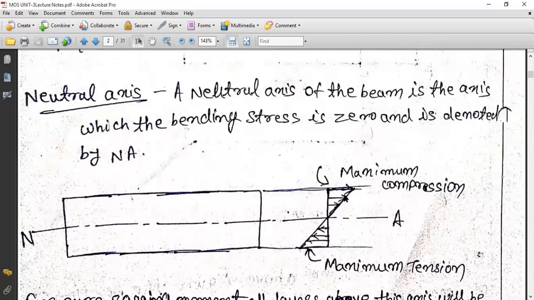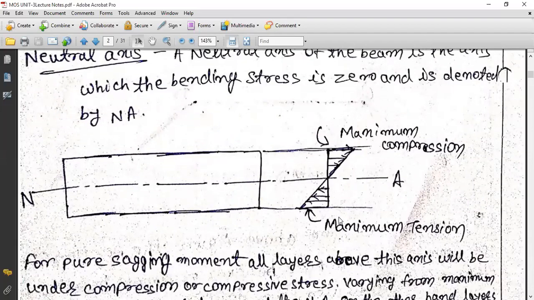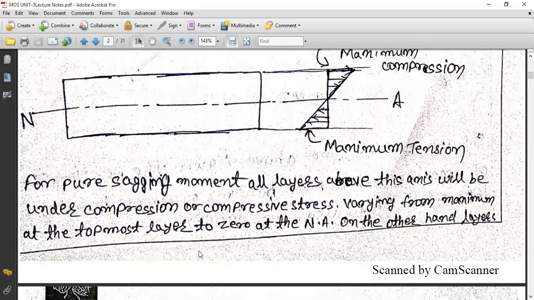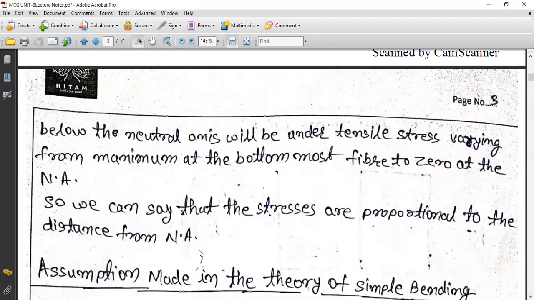At this point it is zero. At the neutral axis everything is zero, load, compression and tension. So this is all about the neutral axis and neutral layer.